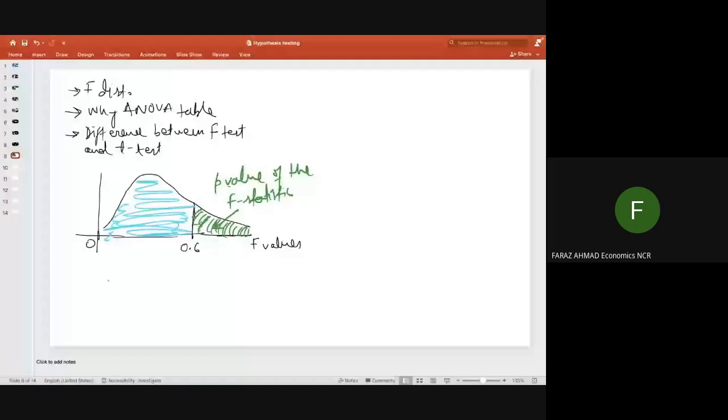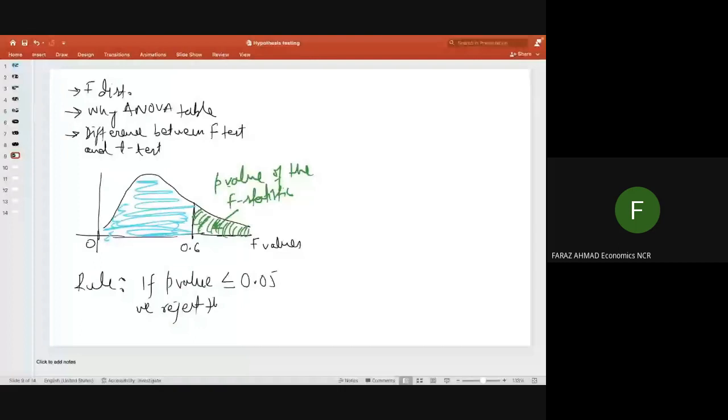So we refer to the p-value of the F statistic as the area in the right tail, which gives a probability value, and again the rule remains the same. It says that if the p-value is less than or equal to 5%, we reject the null.